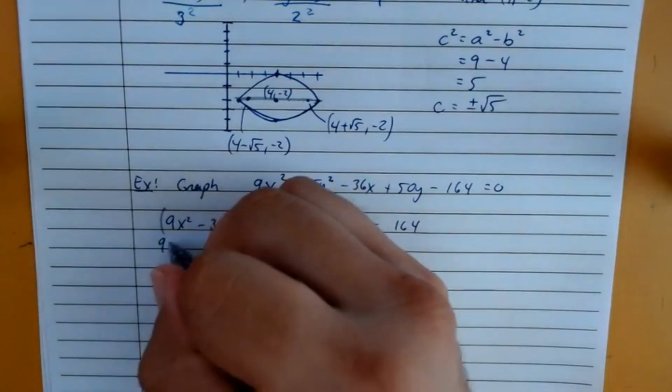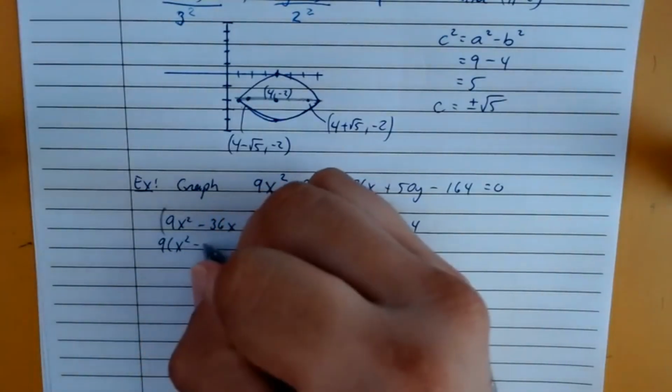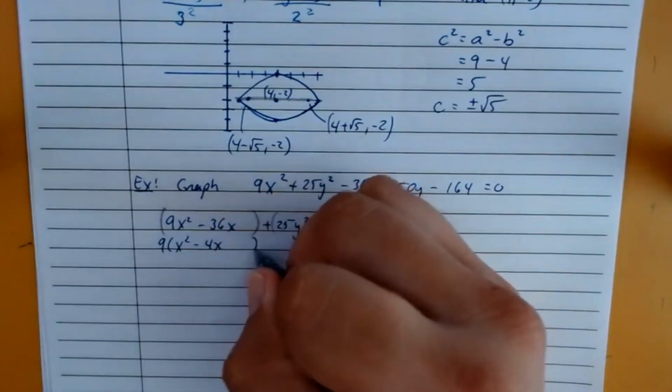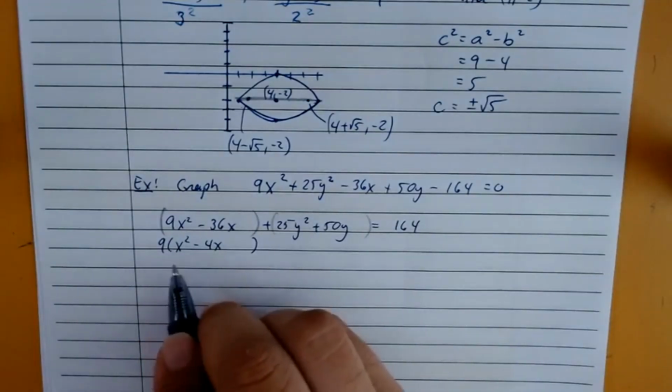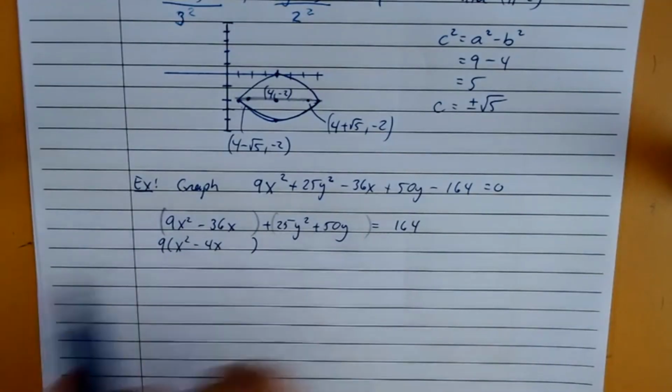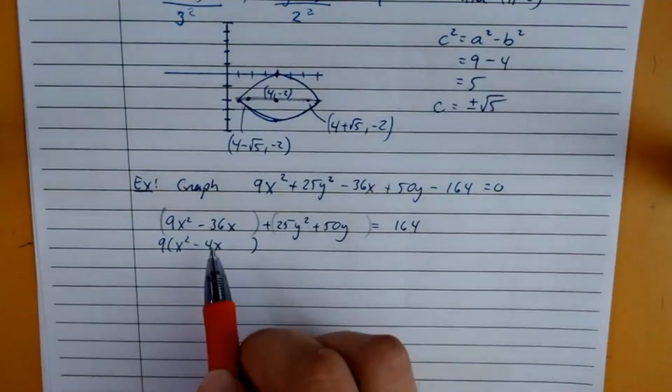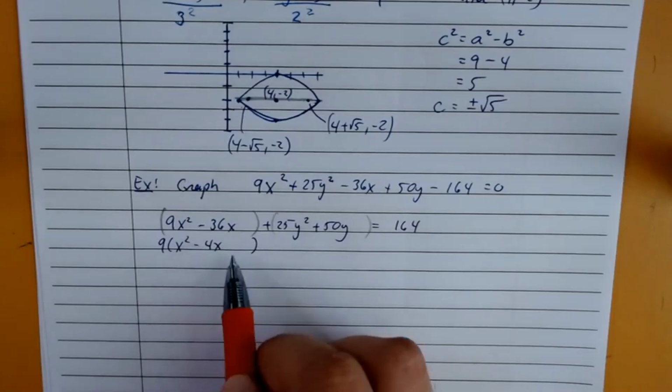That'll give us 9 times (x squared minus 4x). And then once we factor out the 9, we can complete the square in here. We take that number, cut it in half. Half of 4 is 2, and then squaring 2 gives us 4.